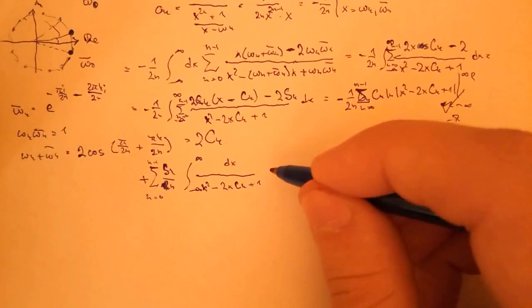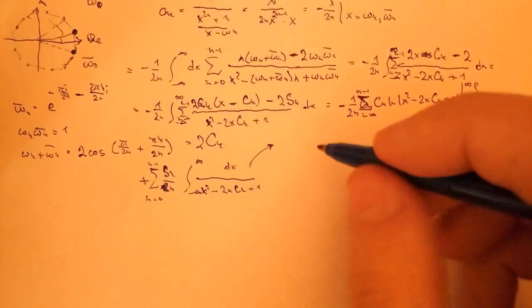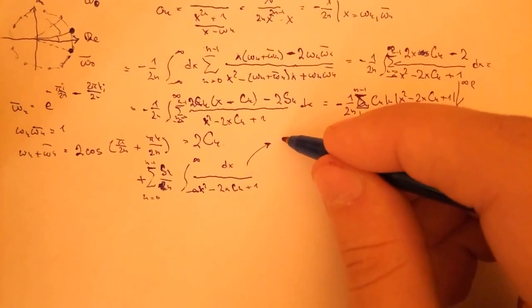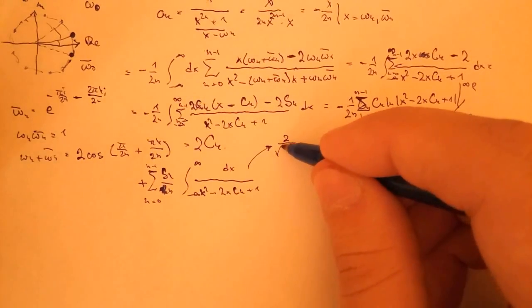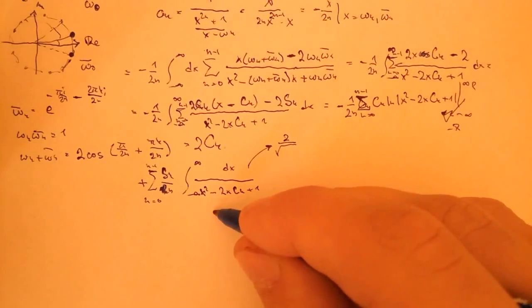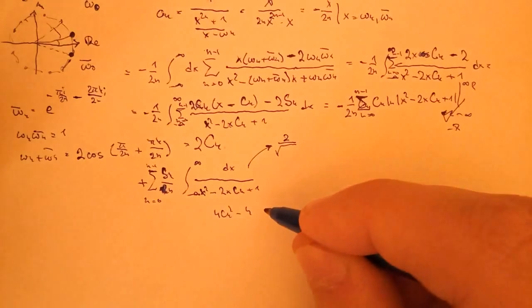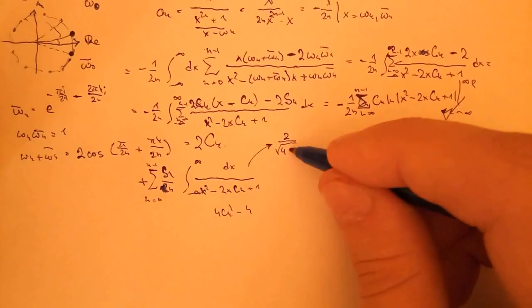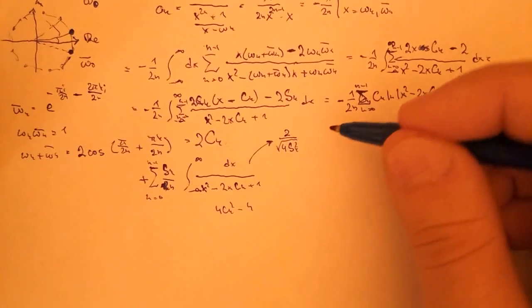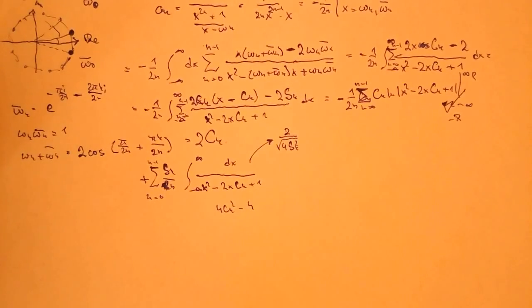So this term is given by the formula I showed you last time. This is 2 divided by the square root of minus the determinant, which is here 4 ck squared minus 4. So the square root of the determinant is 4 times sk squared.